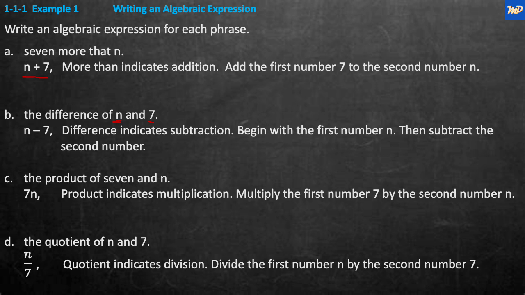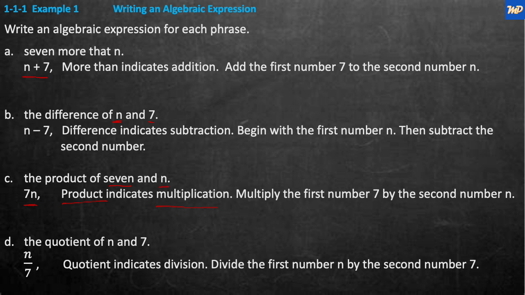Let's look at C, the product of 7 and n. In this case, it's 7n, 7 times n. The product indicates multiplication. Multiply the first number, 7, by the second number, n.